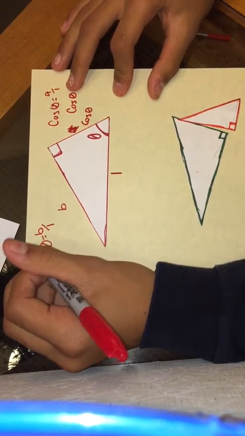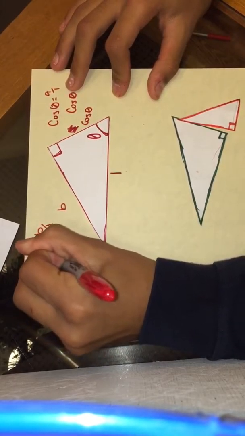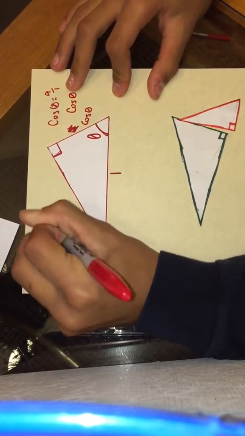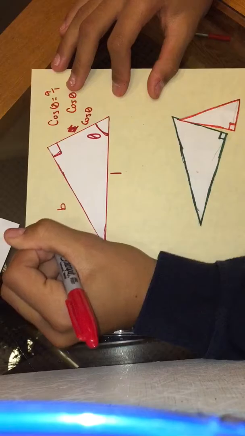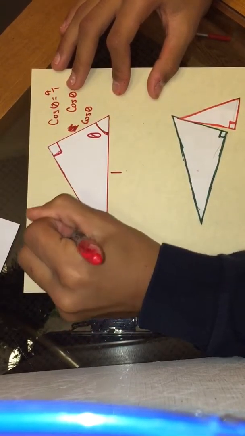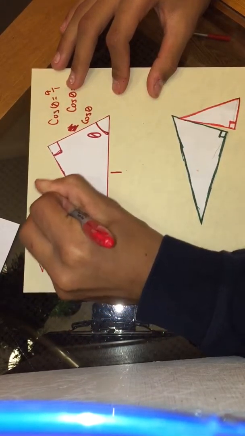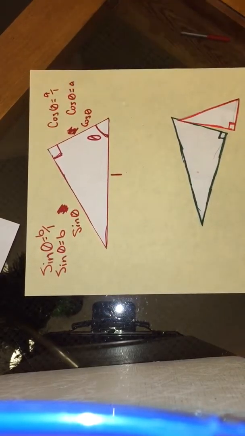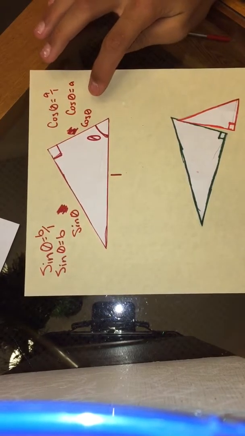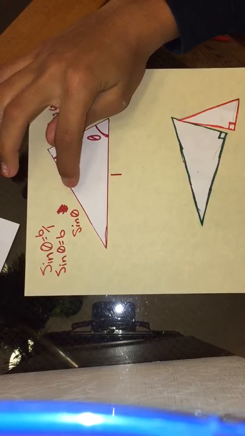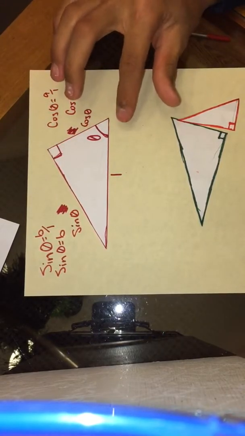Anything over 1 is itself, so sine theta equals B. So now we can cross out B, and it's sine of theta. So now this side is cosine of theta, this side is sine of theta, and now 1.